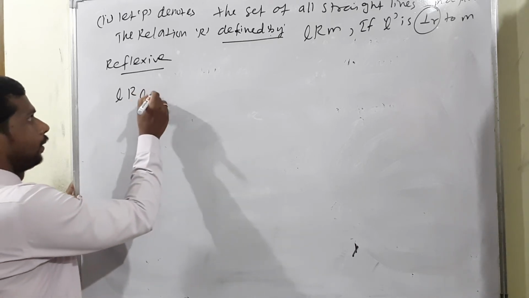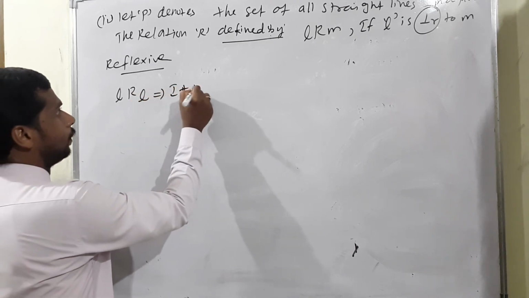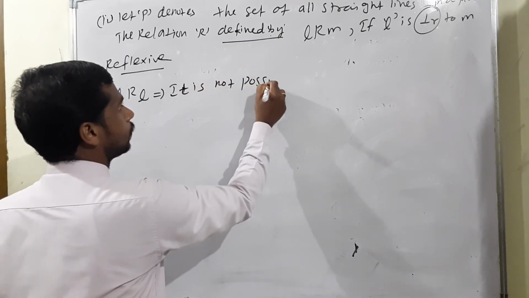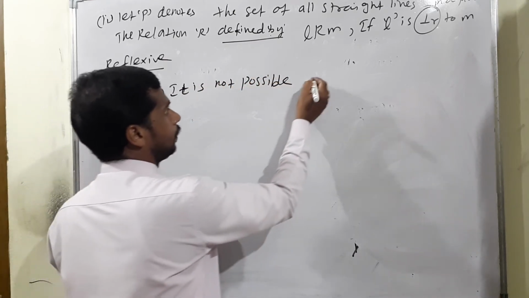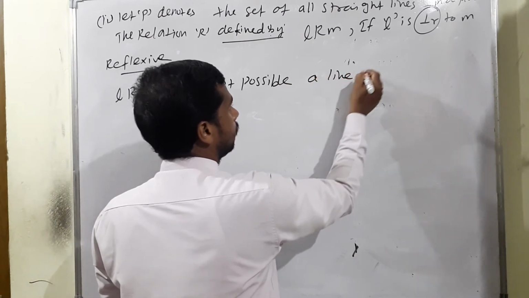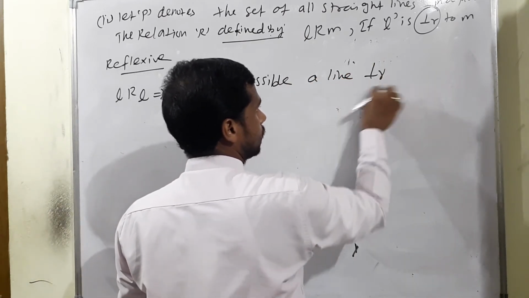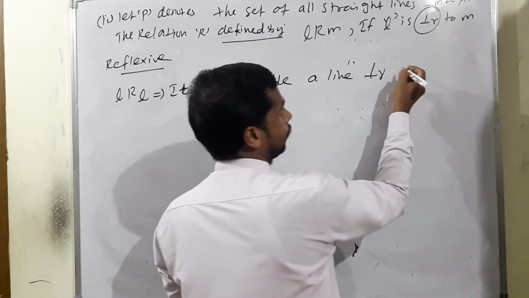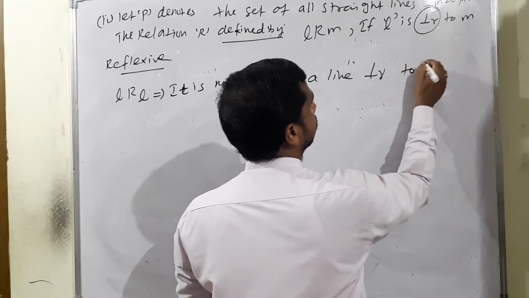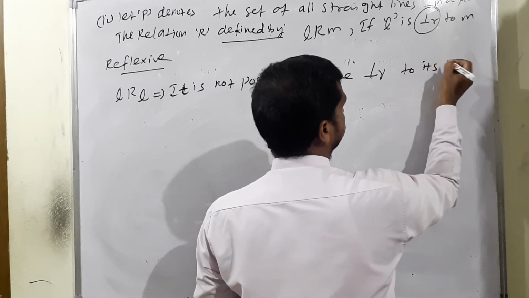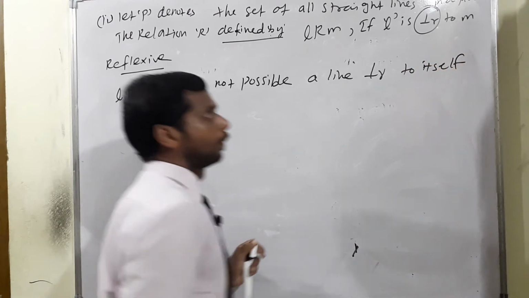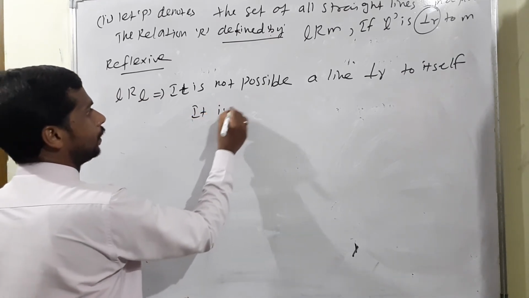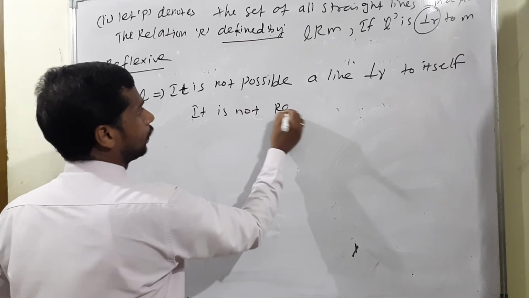It is not possible for a line to be perpendicular to itself. This is the symbol for perpendicular. So it is not possible, which means it is not reflexive.